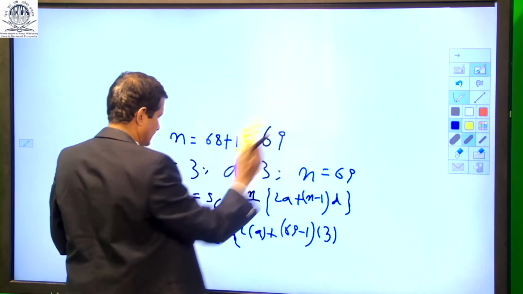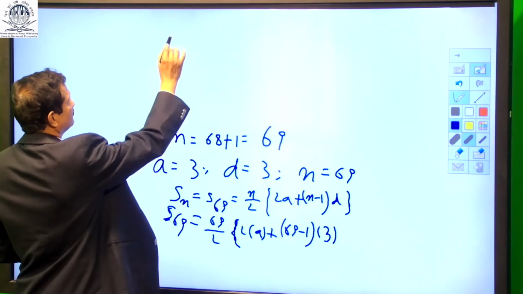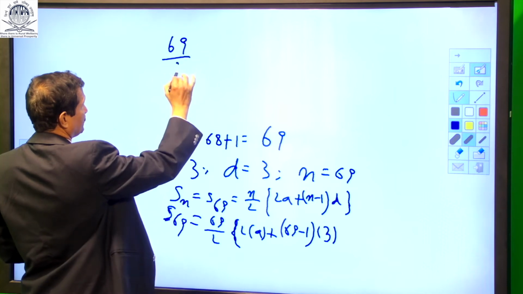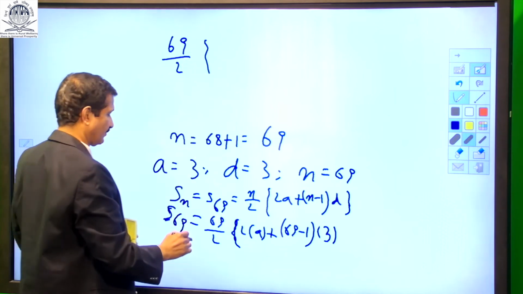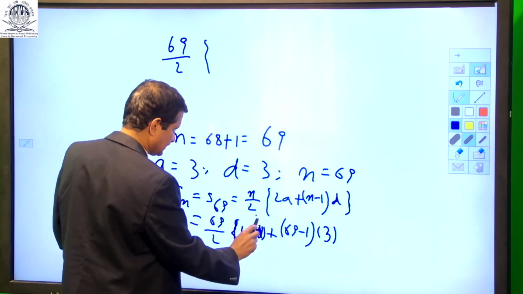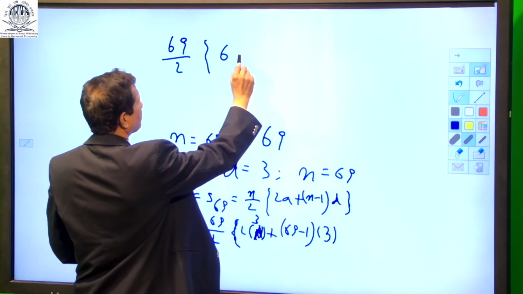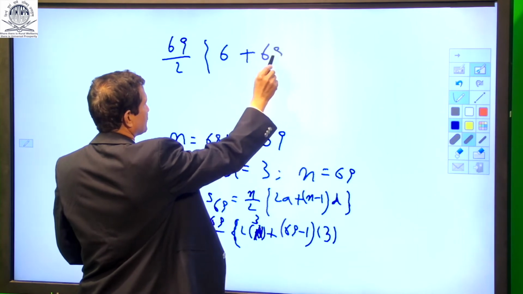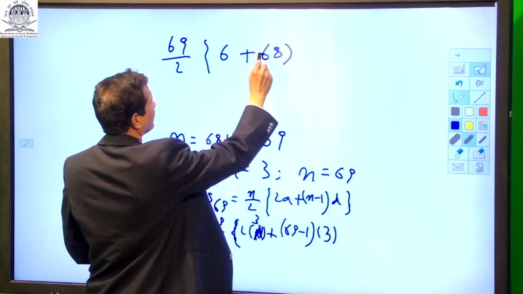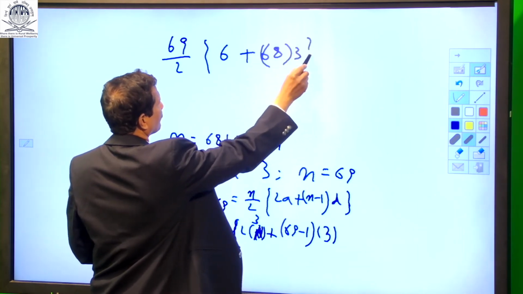Let us solve now. This is 69 by 2 into, this is 3, which is 6, plus 68 into 3.